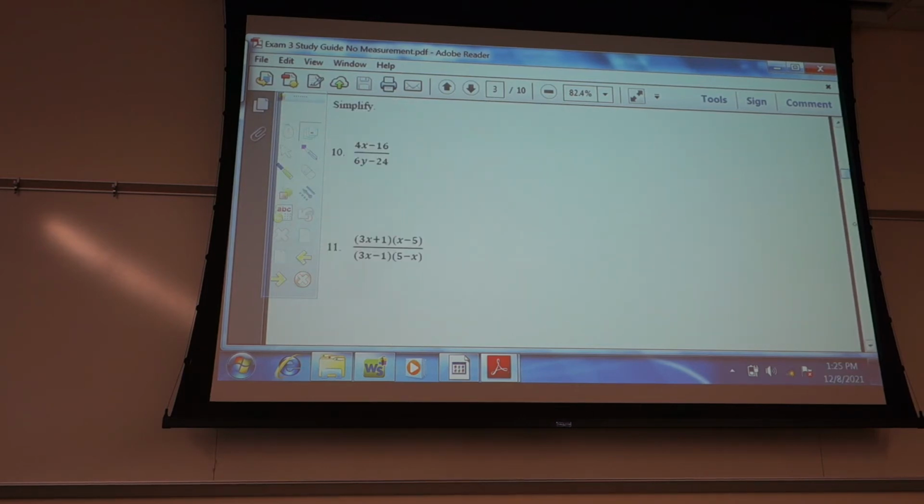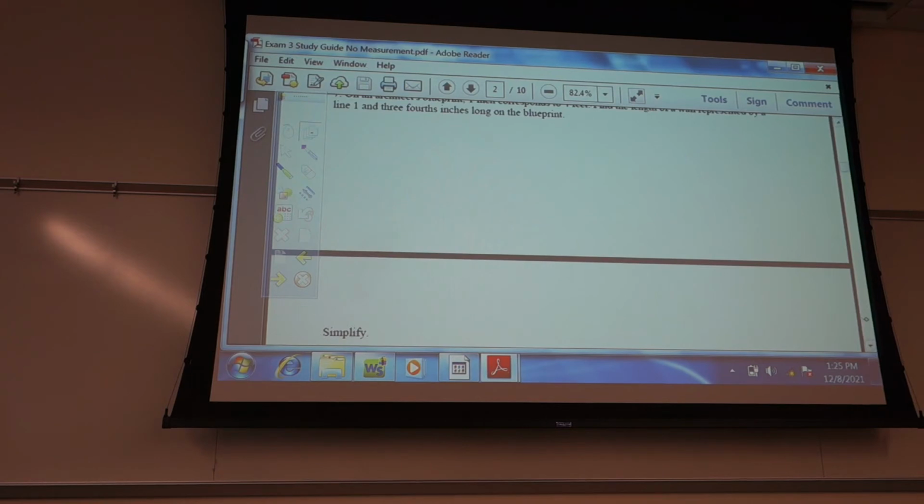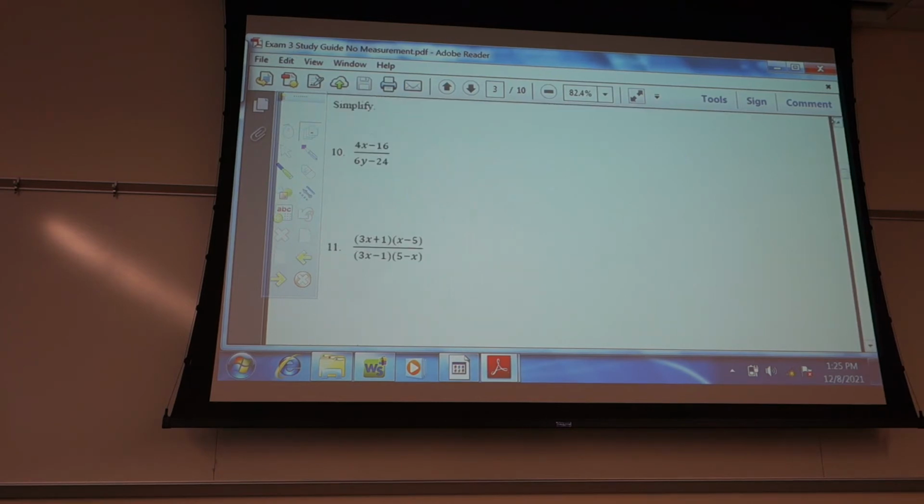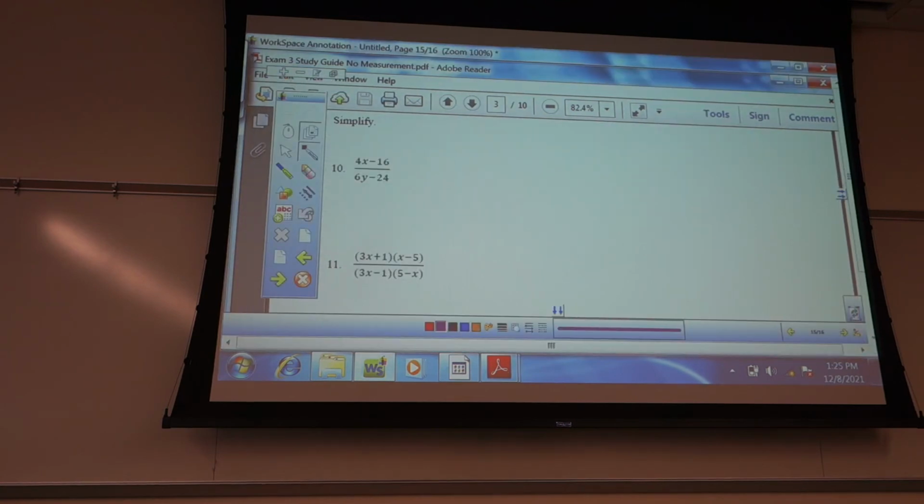Ooh, these we haven't seen in a little while. These might be worth doing. Simplify. I cannot solve these. Do you see where it says solve? It doesn't say solve. There's no equal sign. You can't solve for x. All you can do is clean it up.